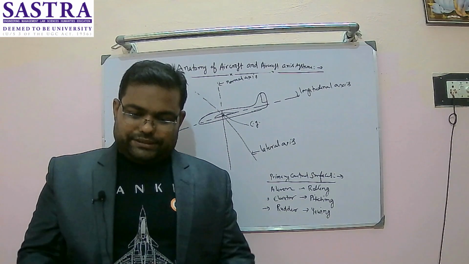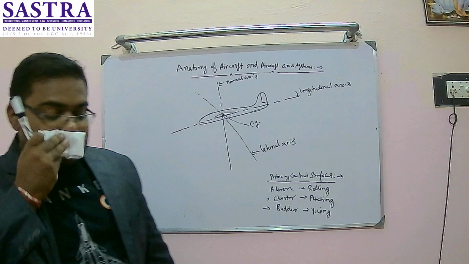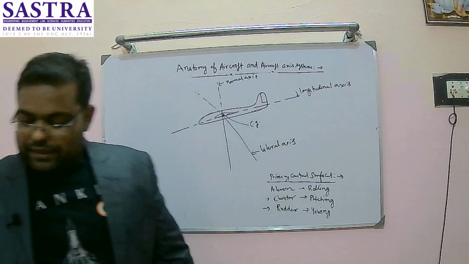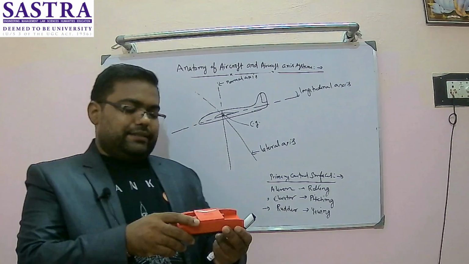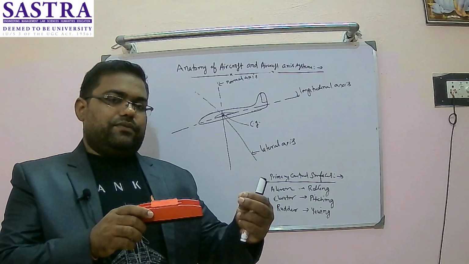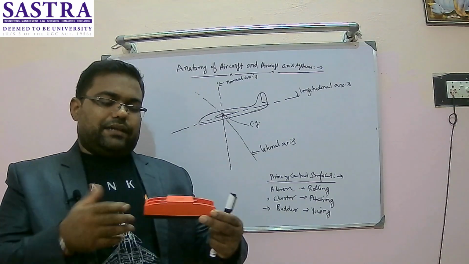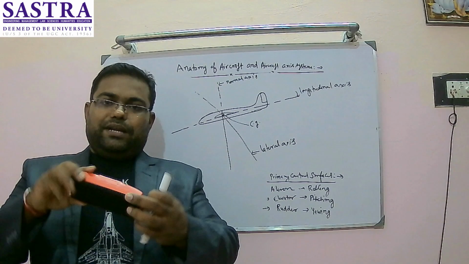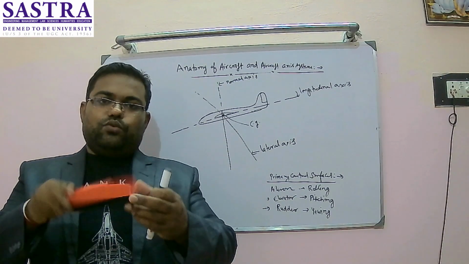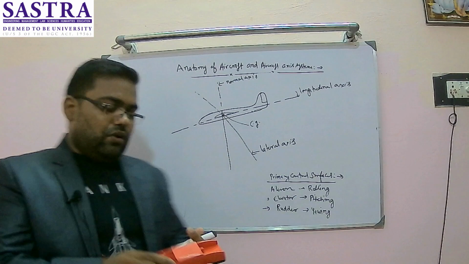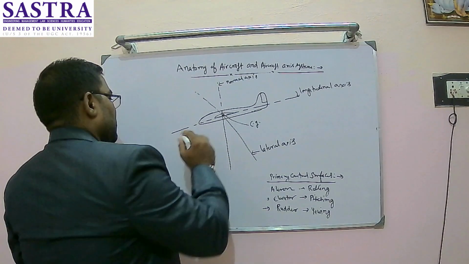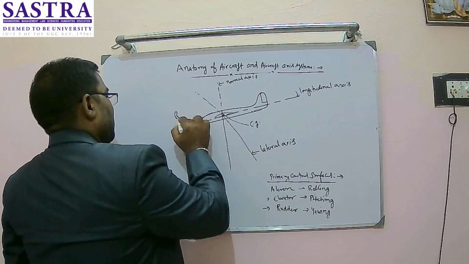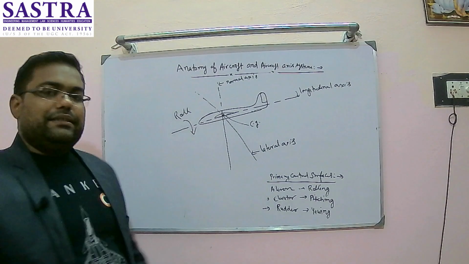So these are the three axes of the aircraft. Now along these axes, three motions will be controlled and three motions will be happening. A line going from front to the back, passing through the CG, is called the longitudinal axis. And roll is happening about this axis only. So rolling motion will happen about the longitudinal axis.